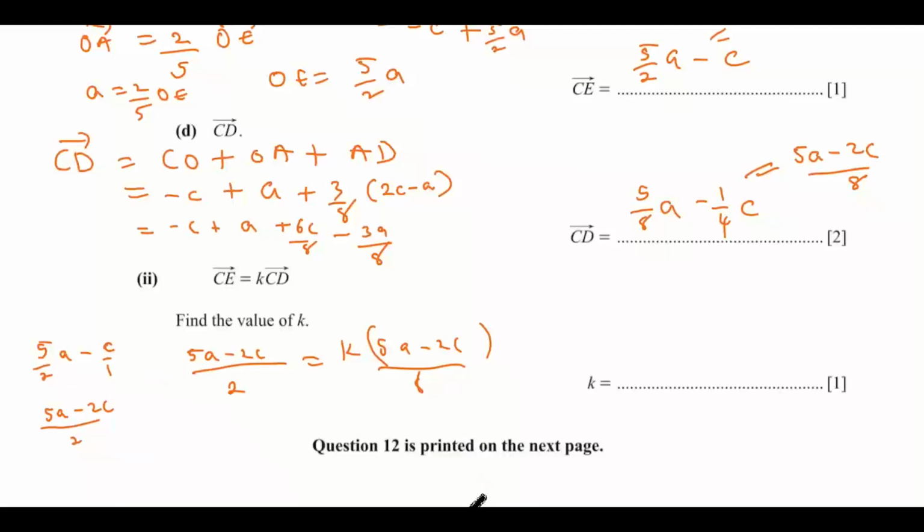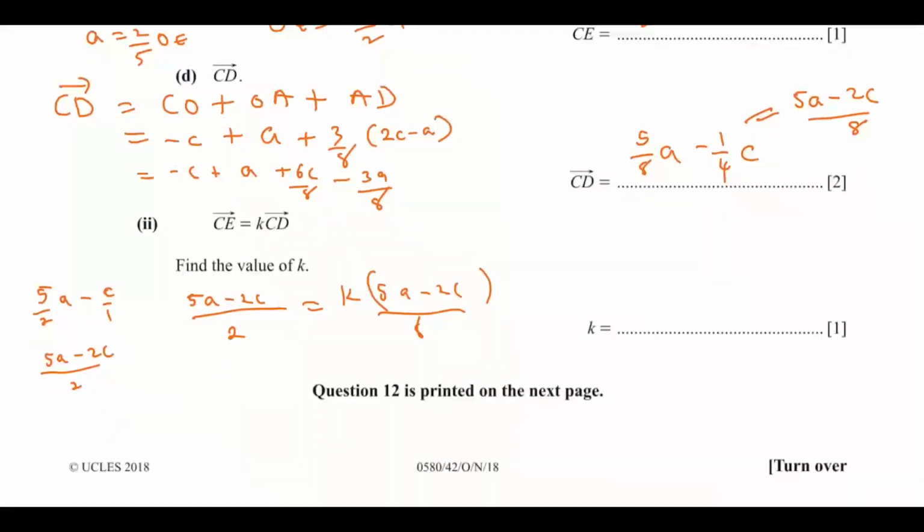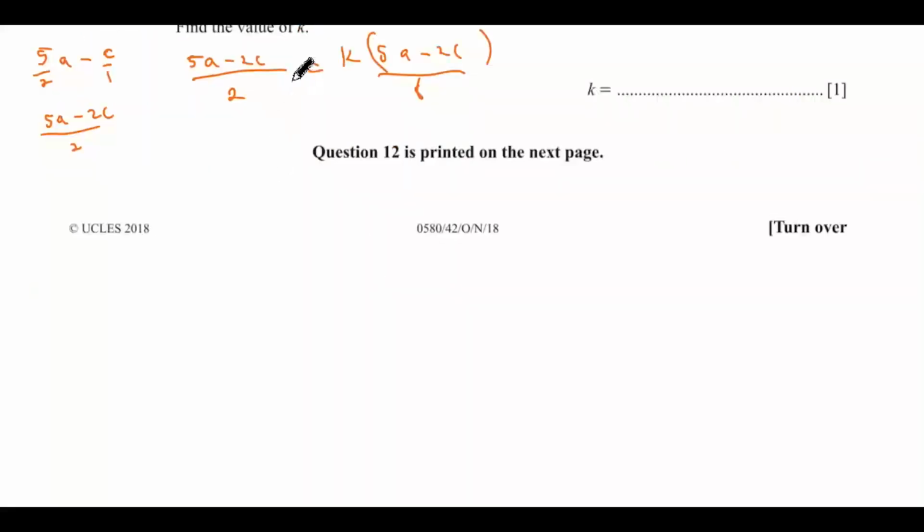So let's scroll down a little bit. We need to have more space. So if you do that, let's write here. It will be 5a minus 2c over 2, then divided by 5a minus 2c over 8, equals k.